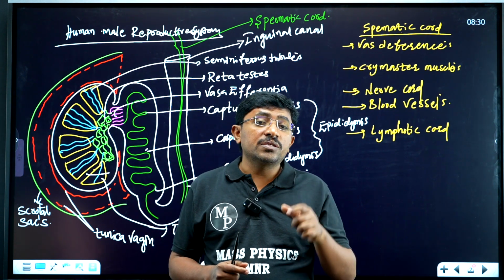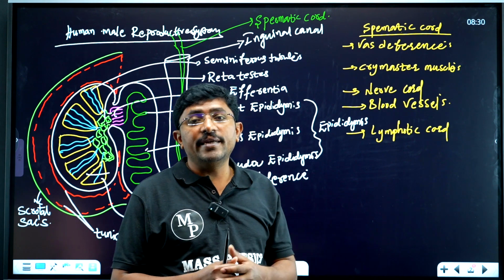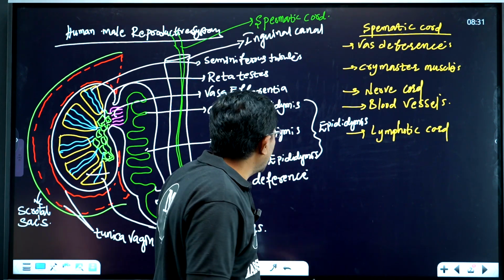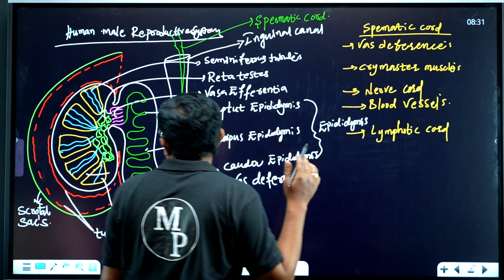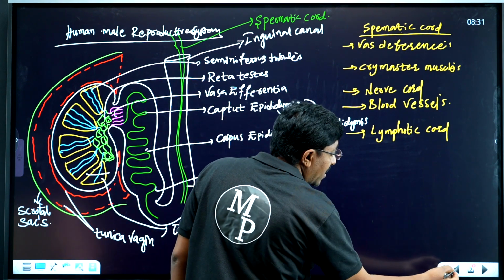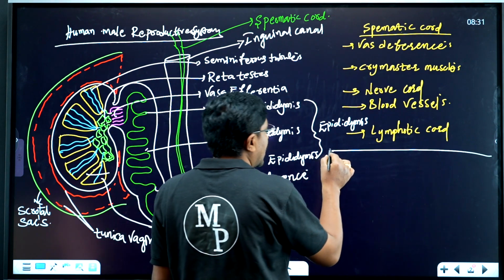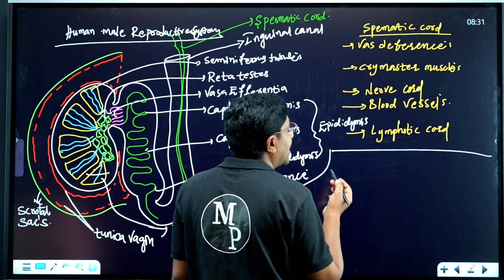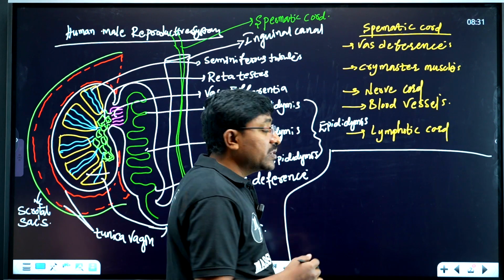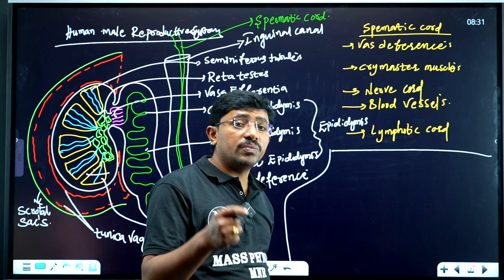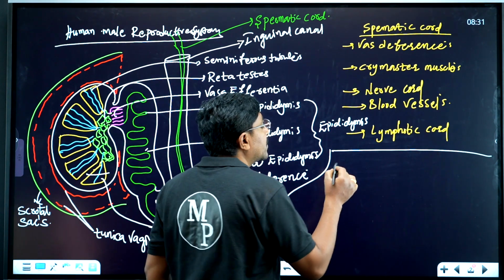Outside the seminiferous tubule are the Leydig cells. Once again, I'll give brief information regarding the Sertoli cells, the spermatogonial mother cells, and the Leydig cells.